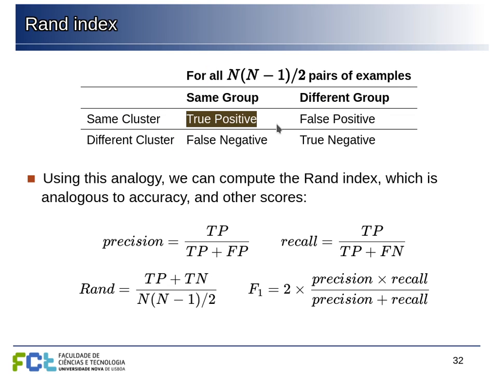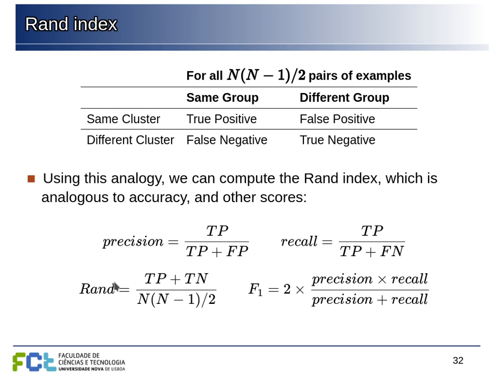So this would be the diagonal here where our clustering gets things right, or if our clustering is mixing things together. So it's putting in the same cluster things that come from different groups, which would be the false positive here, or in different clusters pairs of points that come from the same group. So this gives us analogous to all of those measures that we had in classification.